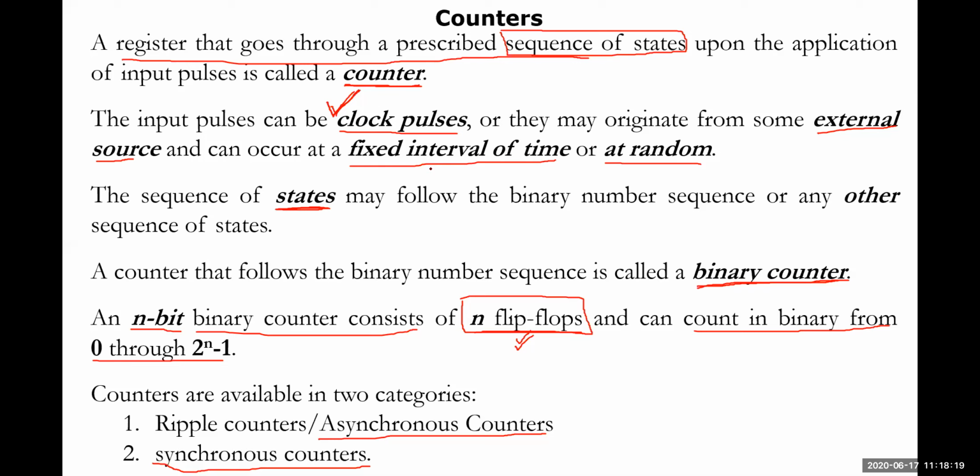Those clock pulses might come from an external source, in the sense a battery or a pulse generator connected to your counter, or from an internal source. Sometimes it could be taken from an internal source also, and that might be in fixed interval form, otherwise random interval form. Either of these. You need to remember this particular point here: it must work on clock pulses.